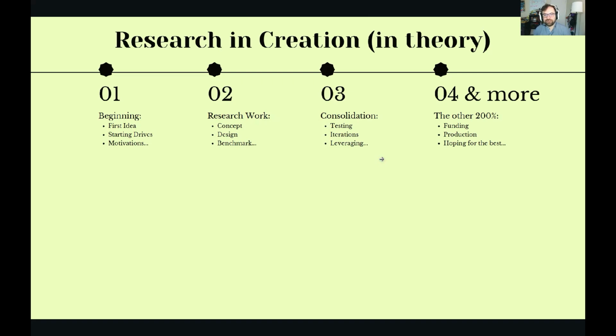That's when we think about testing, iterations, and leveraging what we want to do on the game making side, and then what is sometimes called the other 200%, when we need to look for the serious funding, the production, and once you put it out there, hoping for the best, right? In this approach, research is going to be here at this point.